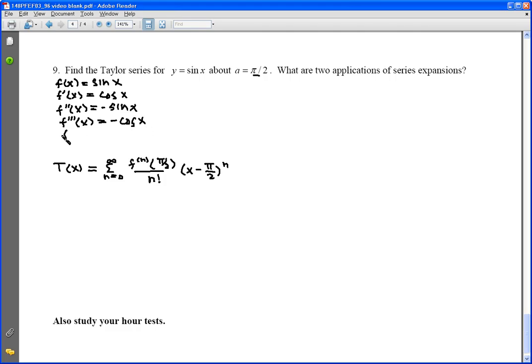And then the fourth derivative, that's f upper 4, the derivative of negative cosine is sine x. So then you're back to the beginning, and then you just start cycling over again.